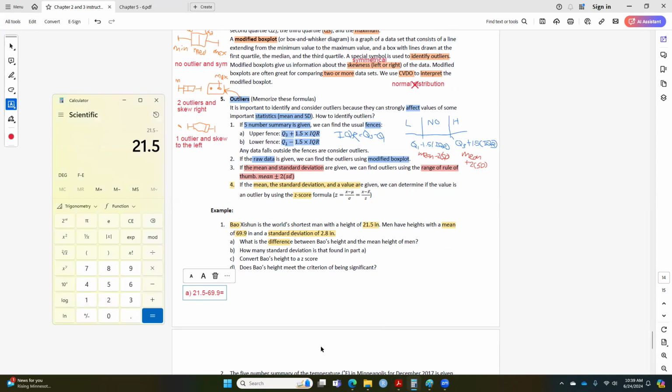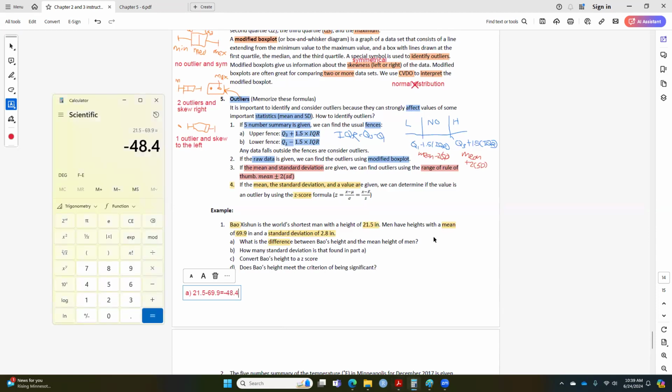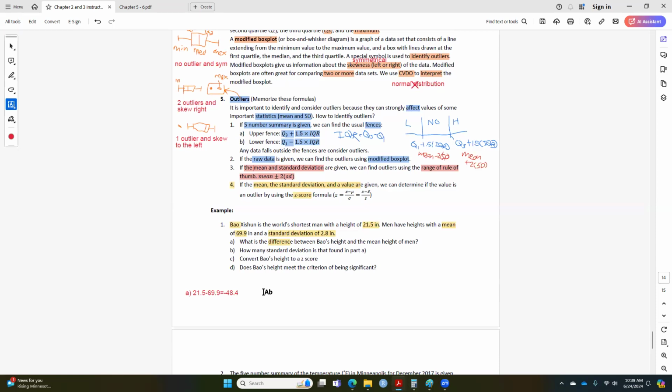So 21.5 take away 69.9. Your difference here is -48.4. The reason why your answer is negative, not positive, is because his height is below the mean. He's the shortest man in this case. Definitely his difference is going to be negative.